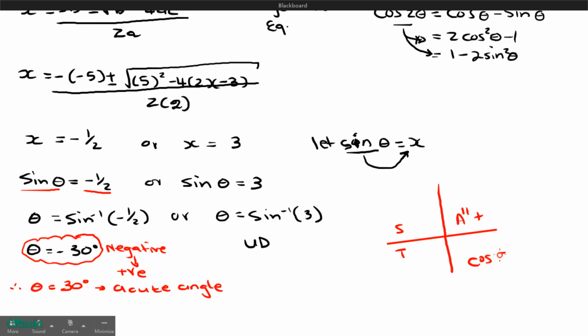Only cos is positive in the fourth quadrant.